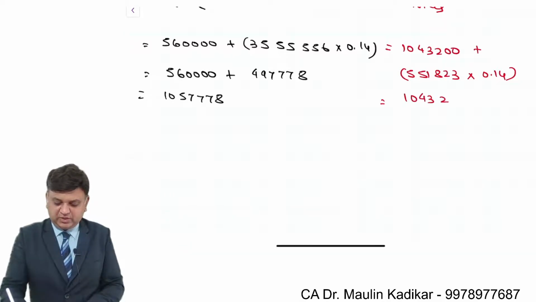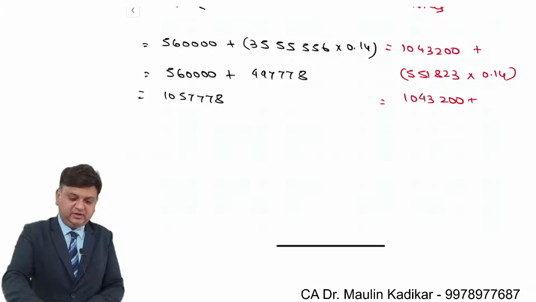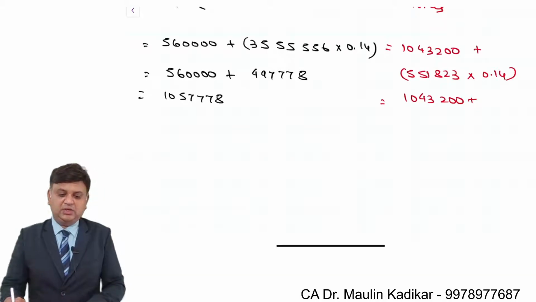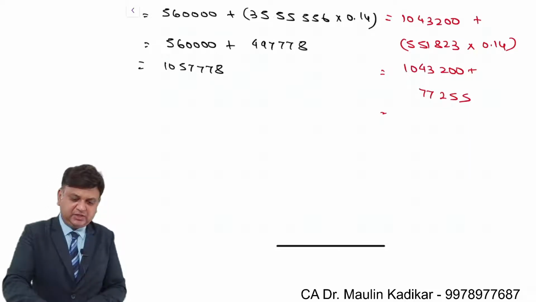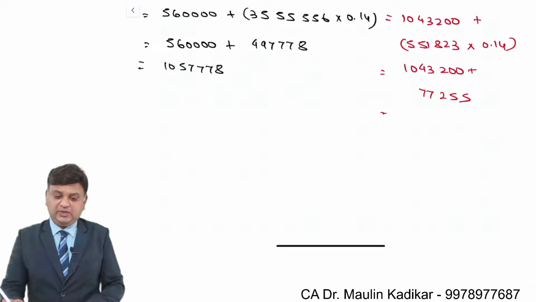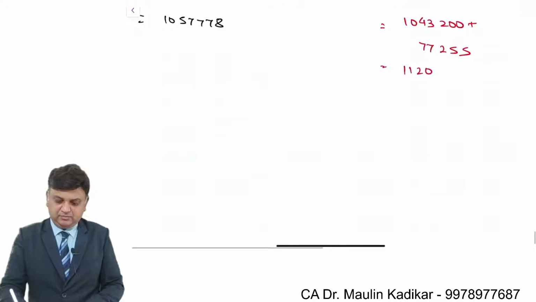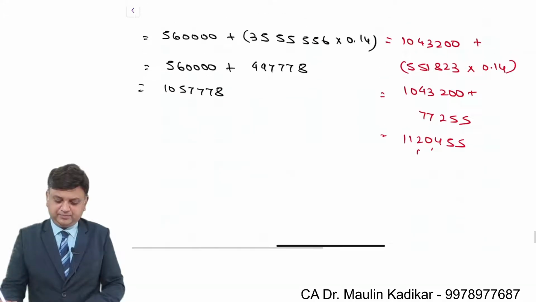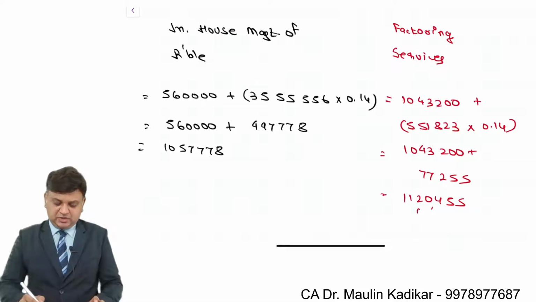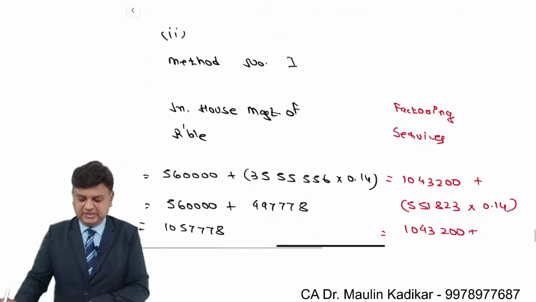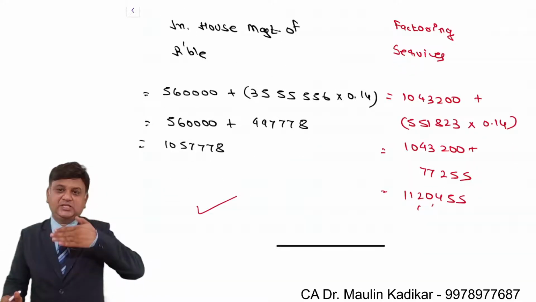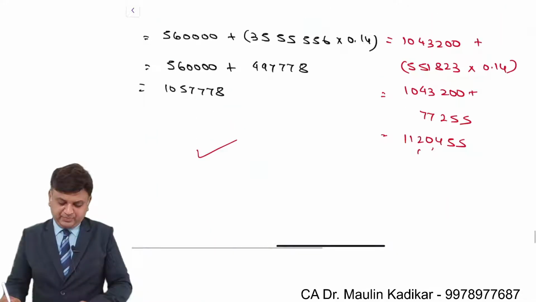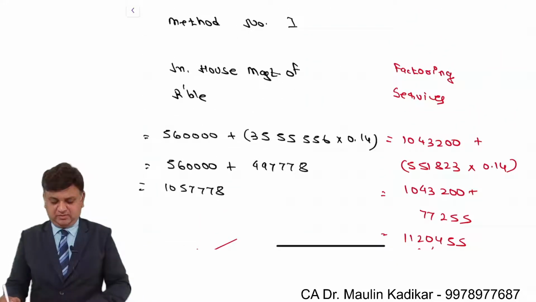So 10,43,200 plus 551,823 into 0.14, so 77,255, plus 10,43,200. So 11,20,455. You make a comparison of the cost and you select the option which is having lower cost. This is a detailed method wherein you don't have to apply your mind, you just have to execute. So do not appoint the factor.